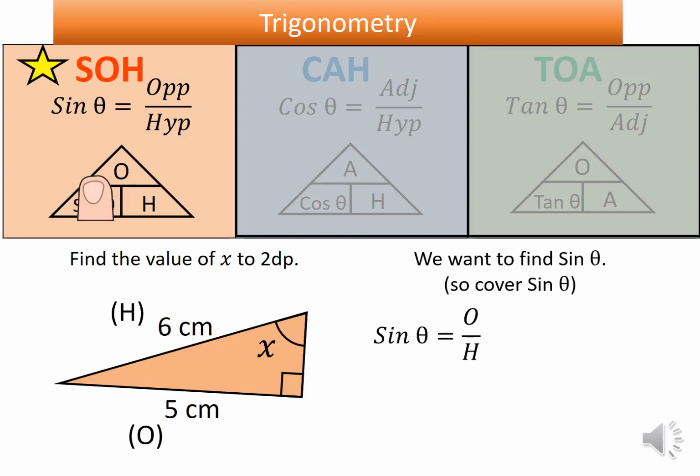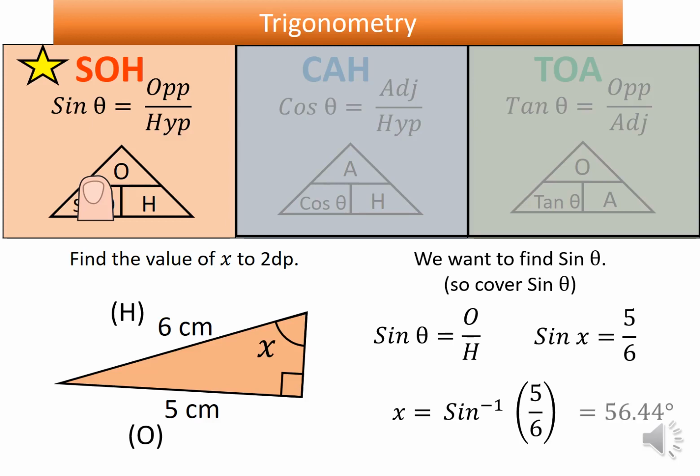Remember, to find the value of the angle, you need to divide opposite by the hypotenuse. But now you need to remember to use the inverse function on your calculator. So you need to press shift and then the sine button. Then we divide 5 by 6 and we get the answer. Again, the answer needs to be rounded to 2 decimal places, and that is going to be 56.44 degrees.